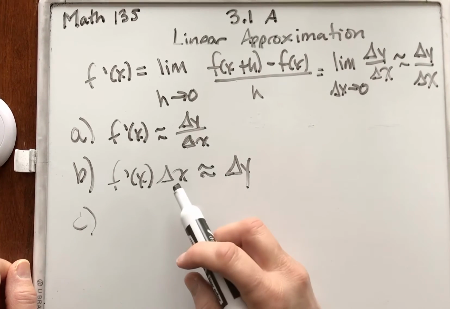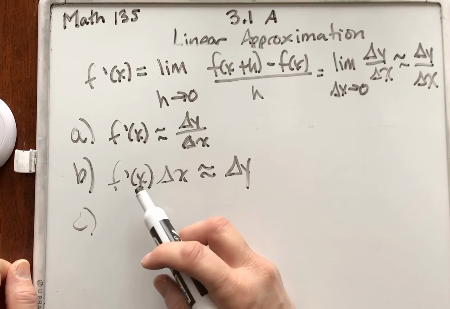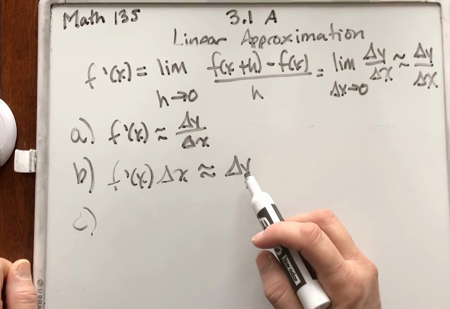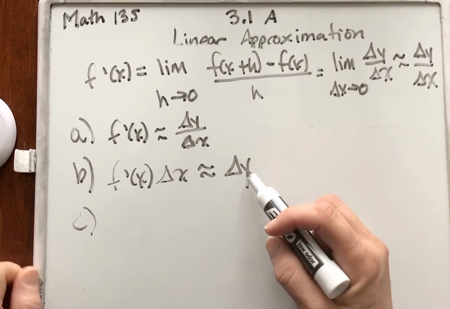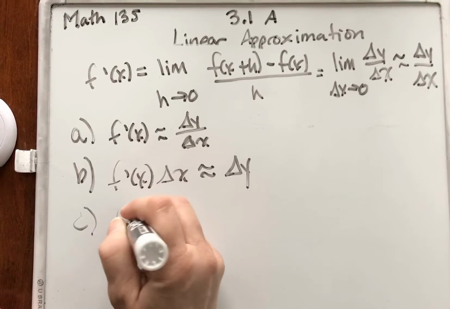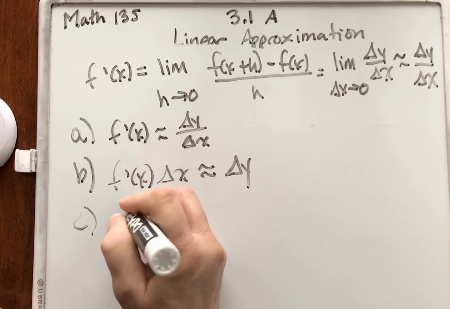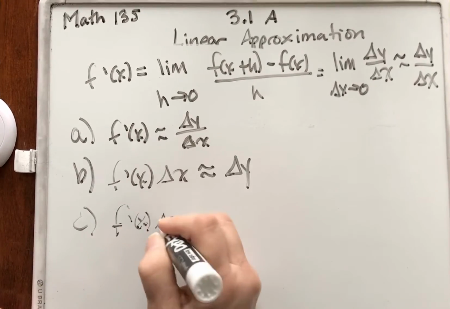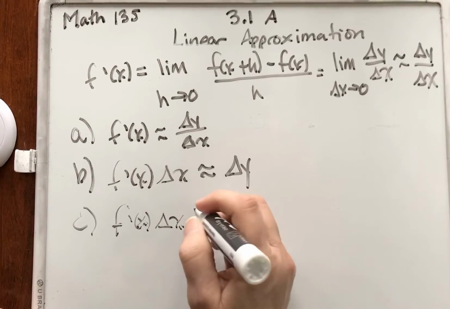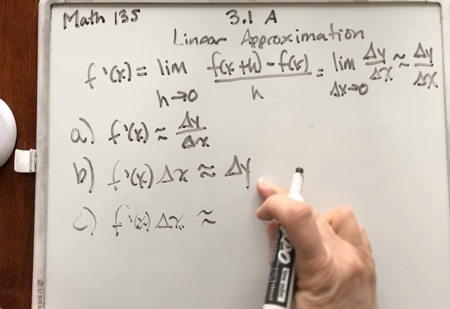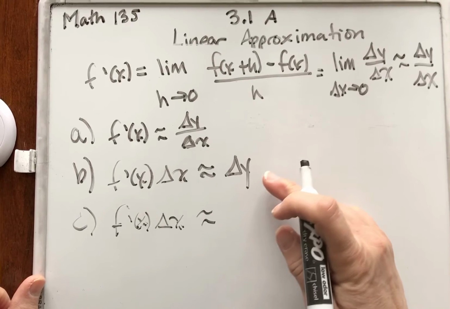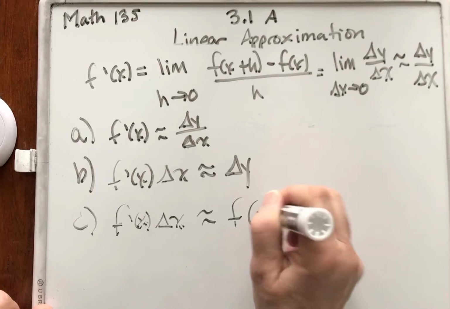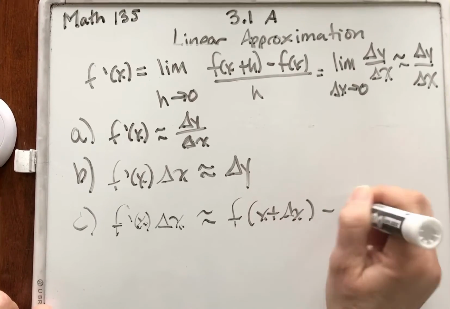Well, this right here is delta x. This is f prime of x. This is delta y, but what is delta y? I'm going to go ahead and write this again. F prime of x, delta x is approximately delta y. And remember what I said last time? Delta y is f of x plus delta x minus f of x.